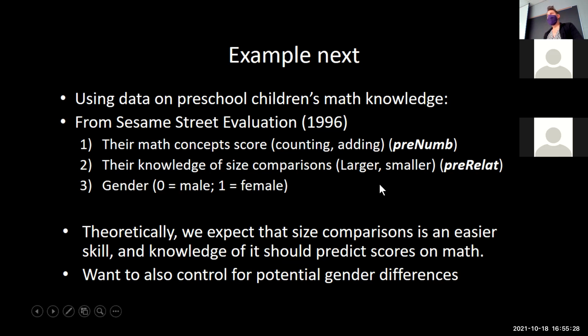An understanding of math vocabulary words is one of our really good predictors of later math knowledge, like the ability to add things together and subtract things from each other. So I'm going to look at the extent to which knowing size words is related to number knowledge, and I'm going to control for the gender of the child.